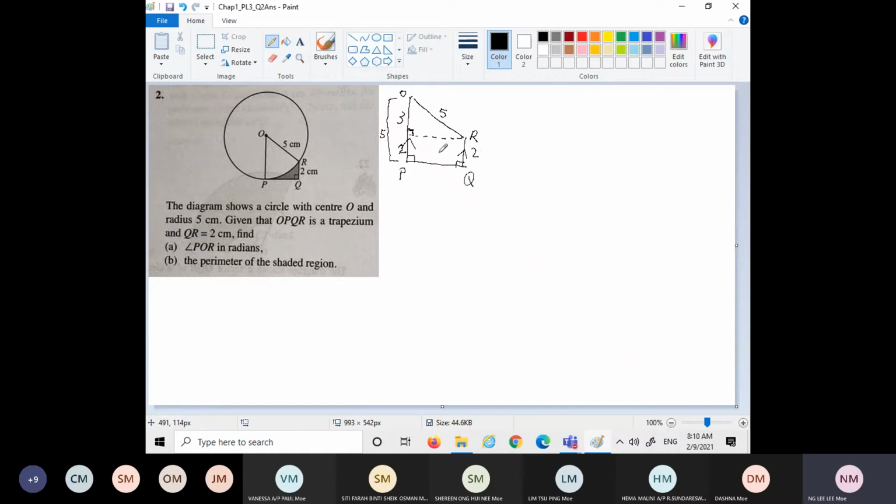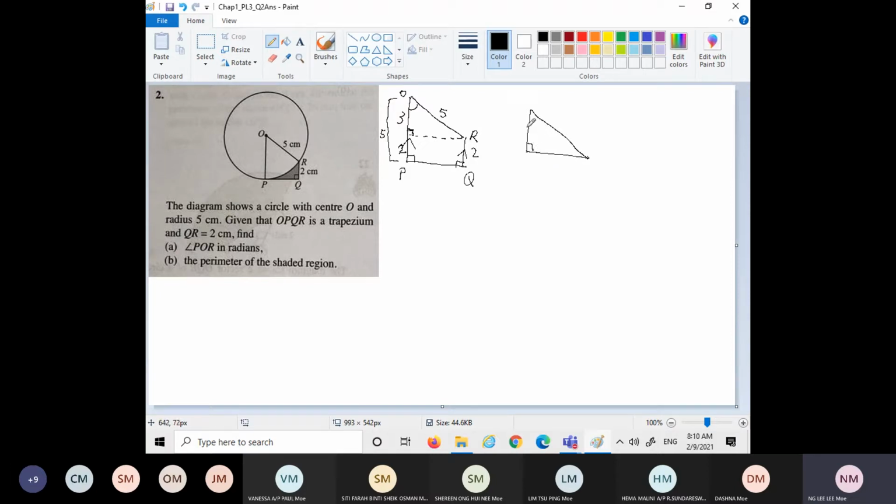Find angle POR, which means this angle, in radians. So you want to find this angle in a right angle triangle. You have this length and this length, so I draw out the right angle triangle.